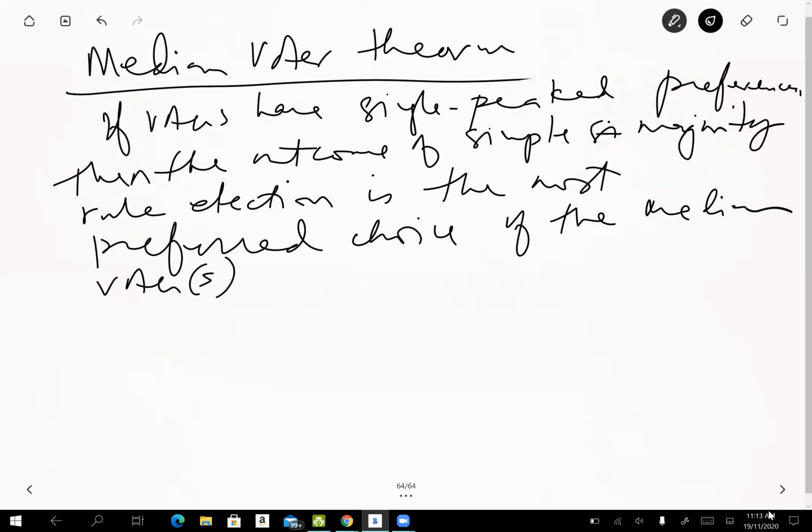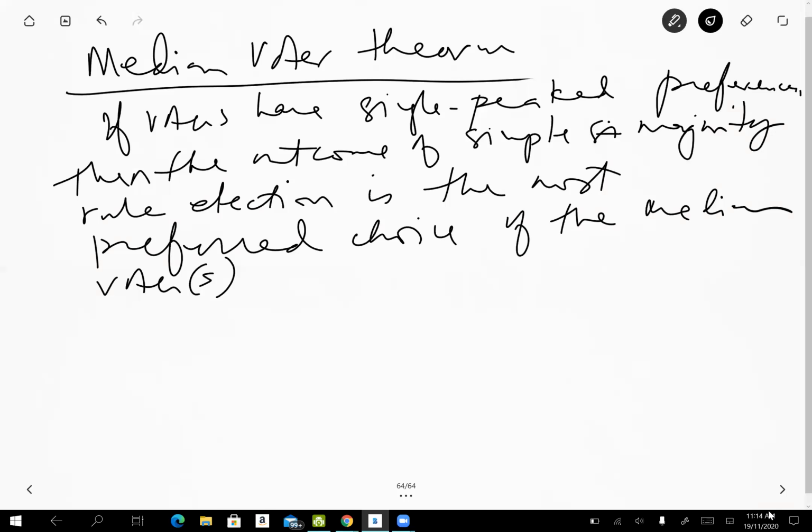Why? Because if you have an election for a country, or if you are running for election, and you follow this rule, that means if you believe this rule, then we should try to take care of the middle voters or the median voters.